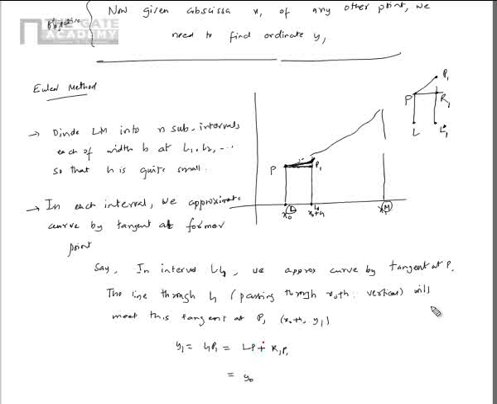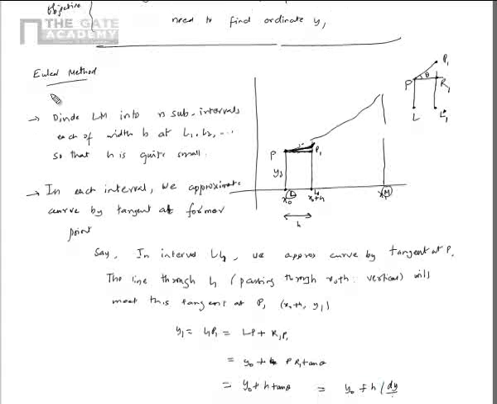LP is nothing but y0, you know the solution at x naught. PR1 is h, this distance is h. With angle theta, R1P1 I can write as PR1 tan theta, so h tan theta. Tan theta is the slope, the tan of the angle made by the tangent at P, which is nothing but the derivative, so h into dy by dx at P. This is an important thing.